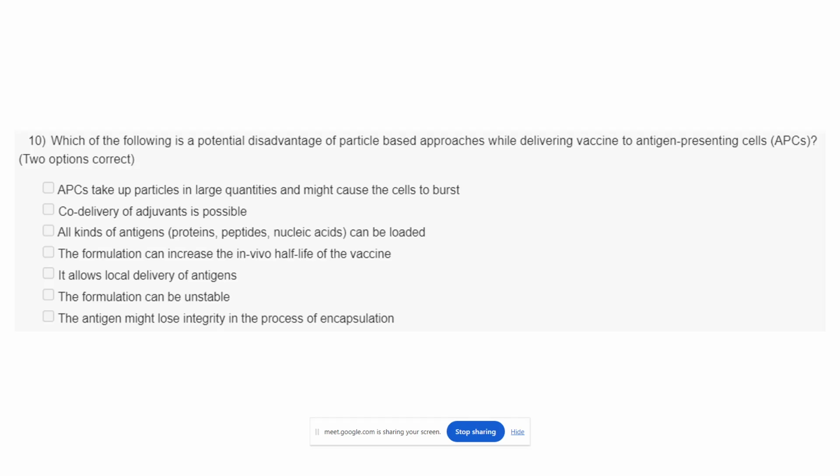Anybody else? Which of the following is potential disadvantage of particle based approaches while delivering vaccine to APCs?